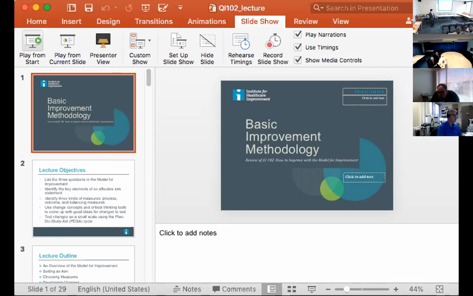There are other improvement methods apart from the model for improvement. There's hundreds of them. There's Lean, which was developed out of Toyota, and Lean is just a collection of tools, concepts, ideas, and processes that help you get to a state of efficiency. Six Sigma is another slightly different way of looking at things, and that's to do with eliminating waste and all that stuff.